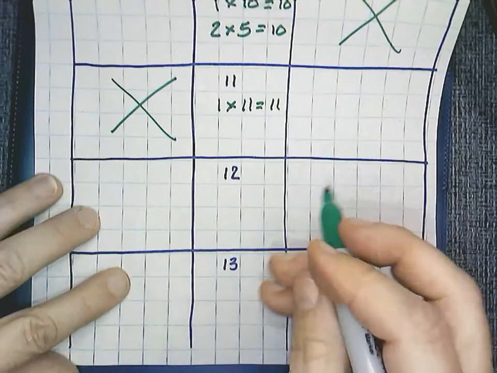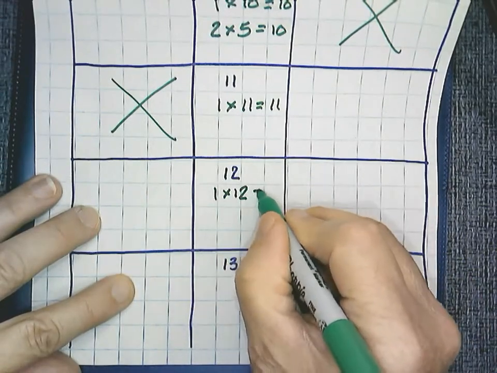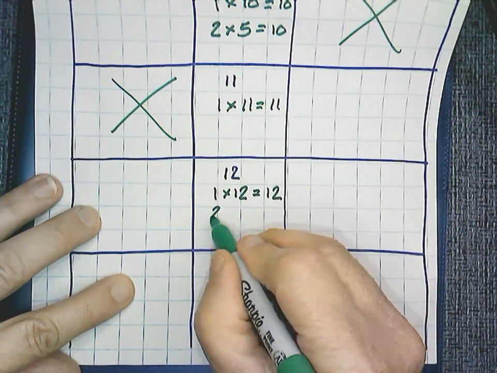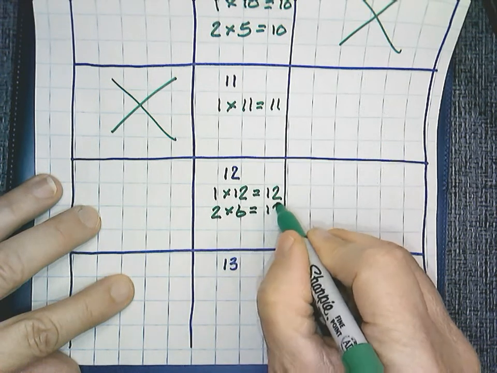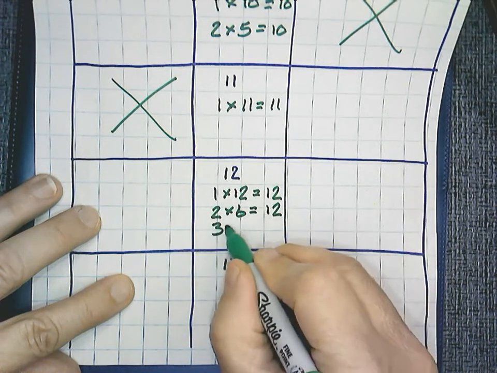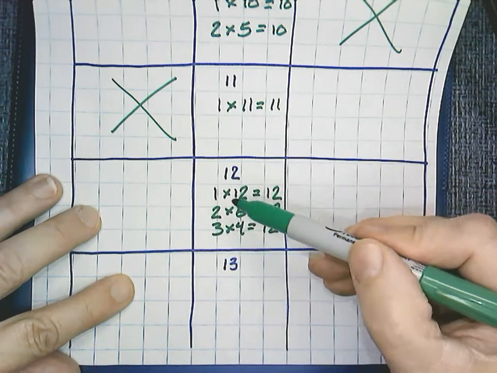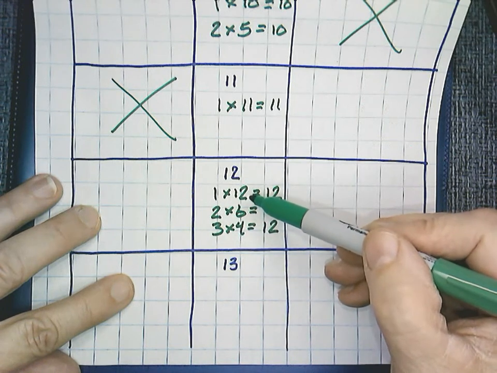12. 1 times 12 equals 12. But so does 2 times 6, and so does 3. I'm counting 1, 2, 3, 4, 5, 6 factors.